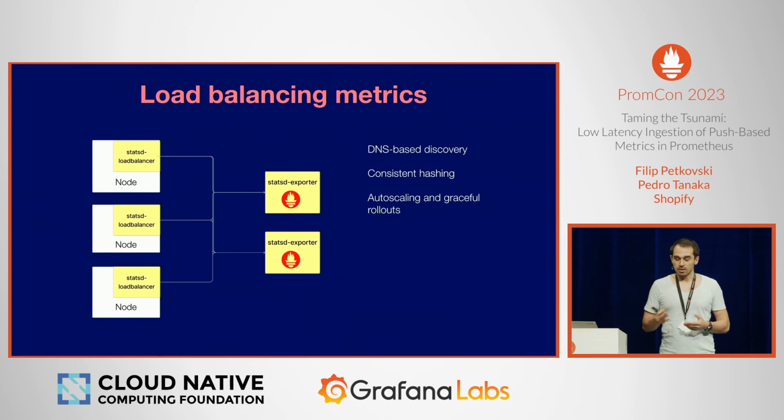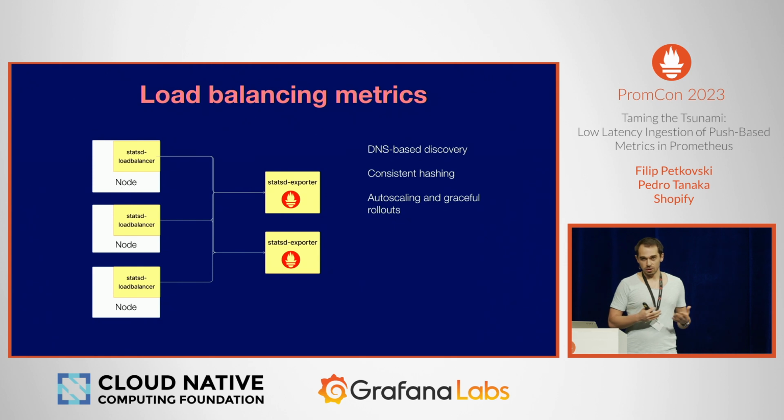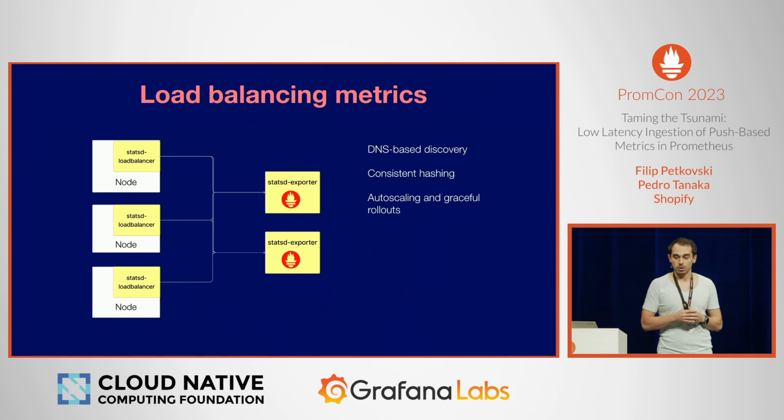It uses DNS discovery to discover downstream exporters, and it uses a method called consistent hashing to pin individual series to an exporter. This allows us to also autoscale these exporters, so we don't have coupling between an exporter and an instance or an exporter and a node, so they are fully decoupled for the lifecycle of the application.